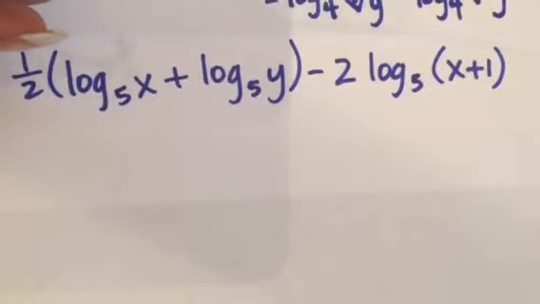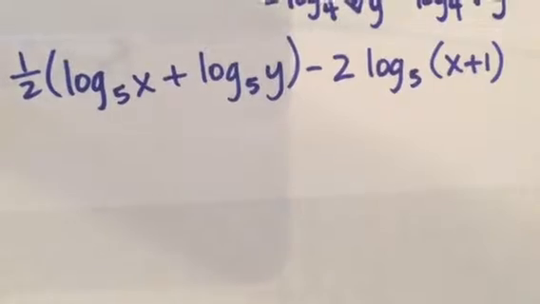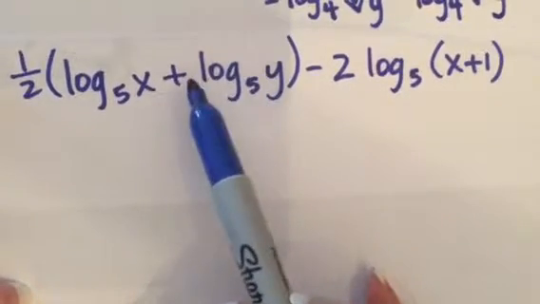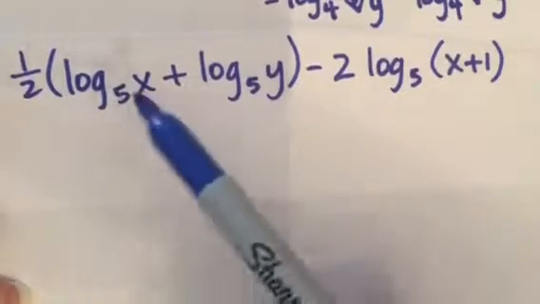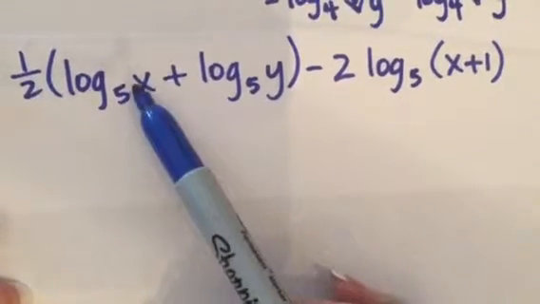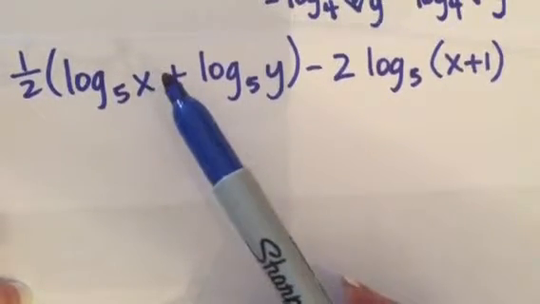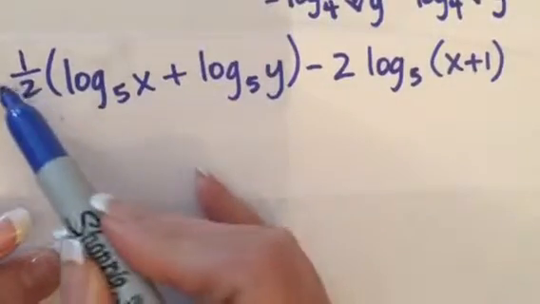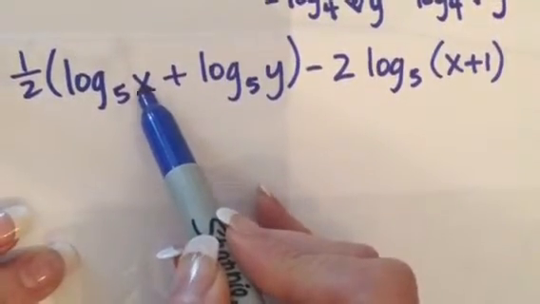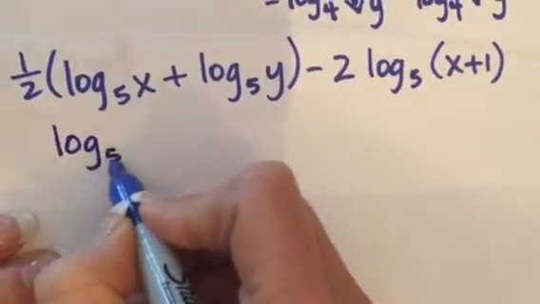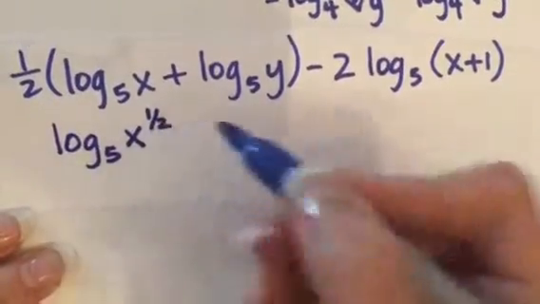So let's move this up and move this down so we don't have stuff from the prior problems. Okay, so I think it's probably helpful for most of you to distribute that 1/2 through here. And perhaps you are at the point that we can actually distribute and employ the power rule at the same time. Let's try that. So if I were to distribute this 1/2 to this log base 5 of x, I could think of it as log base 5 of x to the 1/2 power, right?